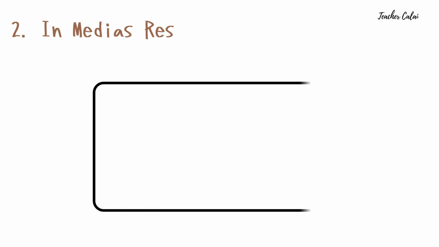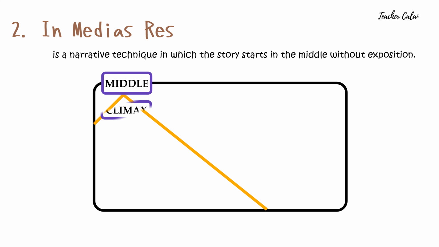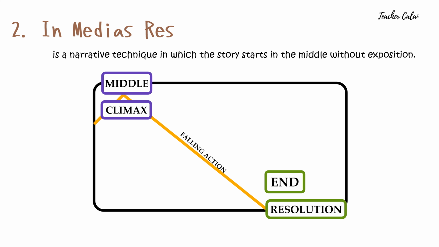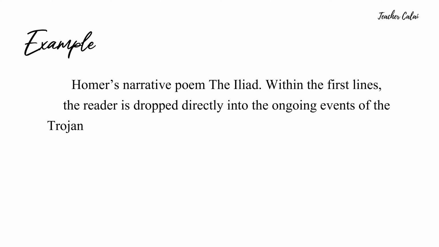The second one is in medias res. In medias res is a narrative technique in which the story starts in the middle without exposition. The example of in medias res is Homer's narrative poem entitled The Iliad.